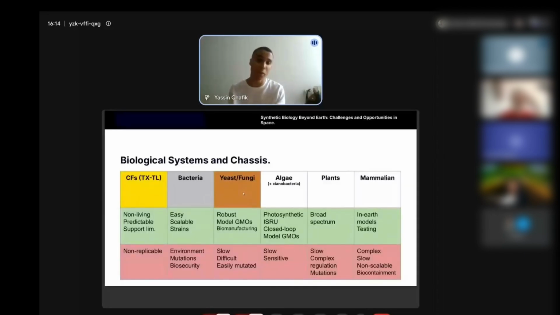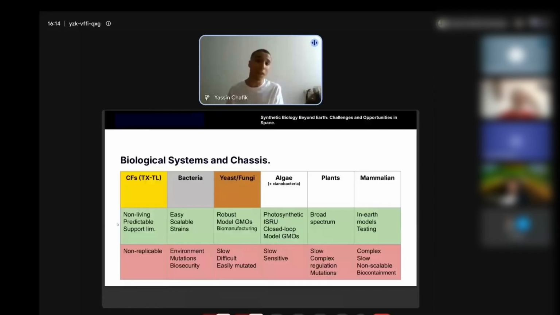And now I'm going to talk about the different chassis that we have. Okay, so the excellence of synthetic biology in space are cell-free systems. Basically, I assume they win here because they are non-living systems, so you don't need to take into account the survival of these systems.